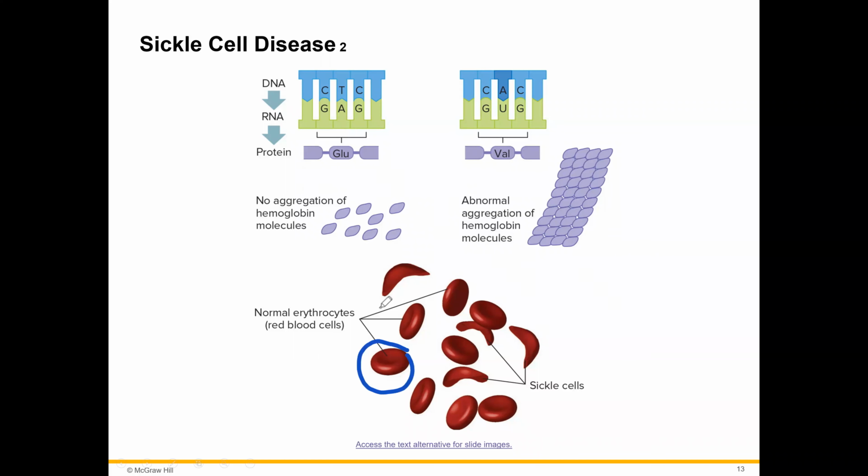This is normal red blood cells. So here's normal hemoglobin inside, but those are sickle cells. Those sickle cells have this type of hemoglobin inside, and those cells are removed from circulation. They can be stuck inside blood vessels, and this causes symptoms of sickle cell disease.